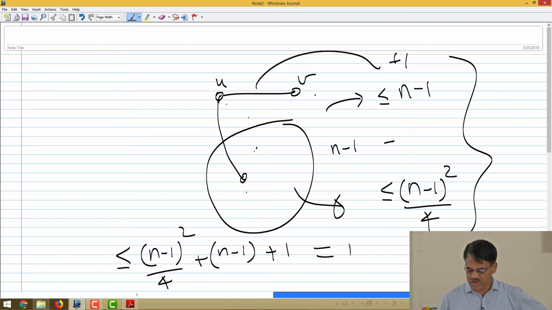Let us do n square by 4 minus n by 2 plus n, so plus n by 2 minus 1, because this is plus 4. So, plus 1, this cancels. So, there is plus 1, and it is actually plus 1 by 4.